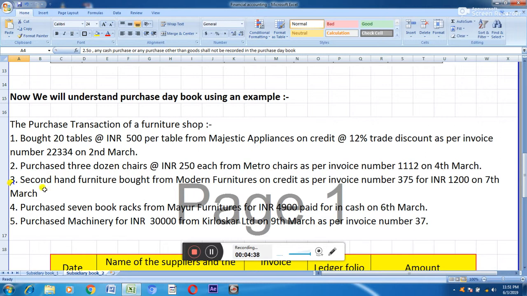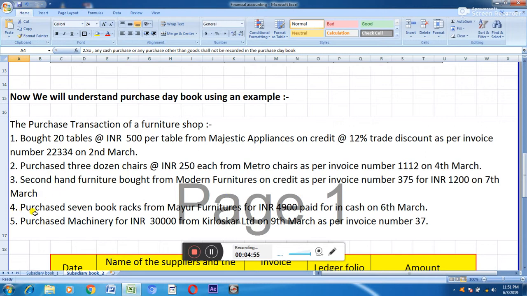Third, second hand furniture bought from Modern Furnitures on credit as per invoice number 375 for rupees 1200 on 7th of March.